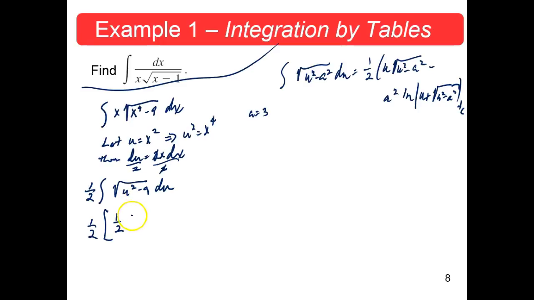U, and let's make that u x squared, because that's what that is, times the square root of u to the 4th minus 9, x to the 4th minus 9, minus a squared, which is 9, times the log of x squared, u is equal to x squared, and make sure I didn't do something stupid there.